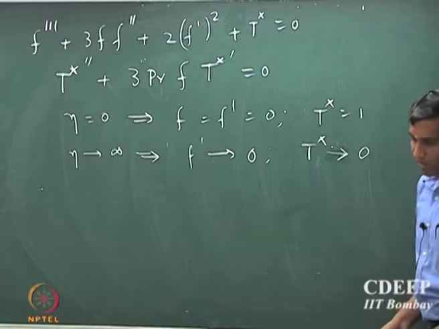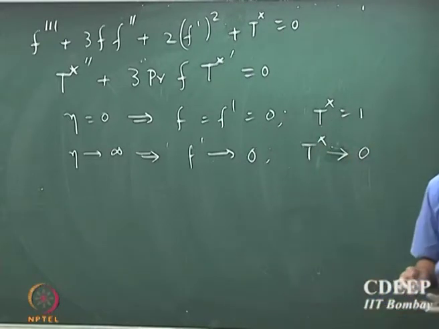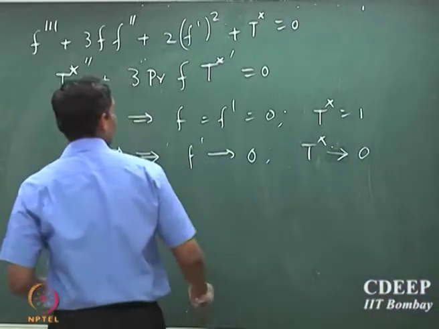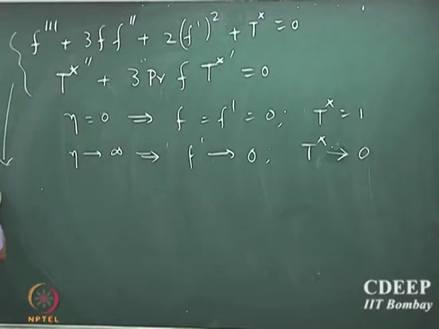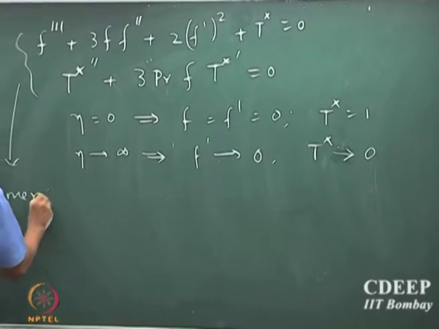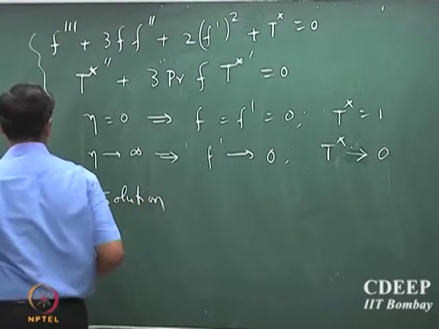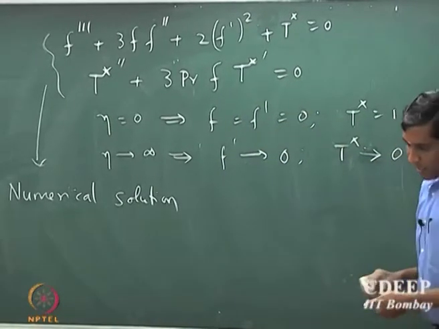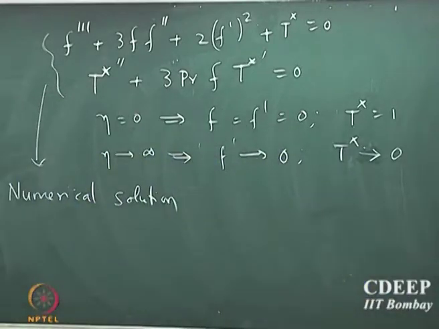So that's the model equation, and one can find numerical solutions for this. There is no analytical way to solve this equation. One has to use numerical methods to solve these equations, and the numerical solution would look something like this.